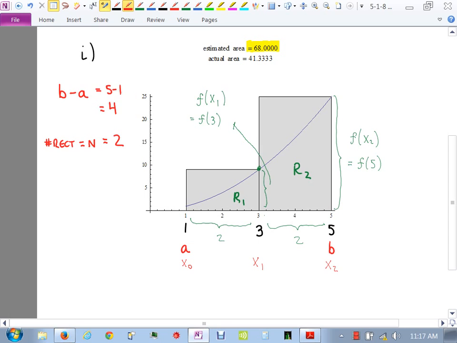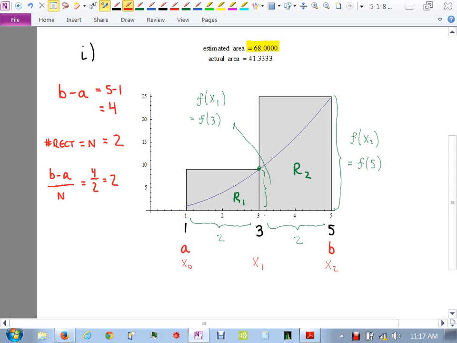If we know how wide the interval is, and we know how many rectangles we're supposed to put in that interval, then aren't we able to compute how wide each rectangle should be? By doing what? Dividing, right? If I take b minus a, the width of the entire interval, and divide it by the number of rectangles, that gives me, in this problem, 4 over 2, which is 2.